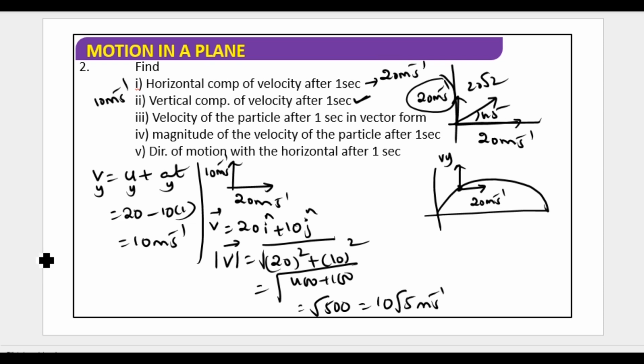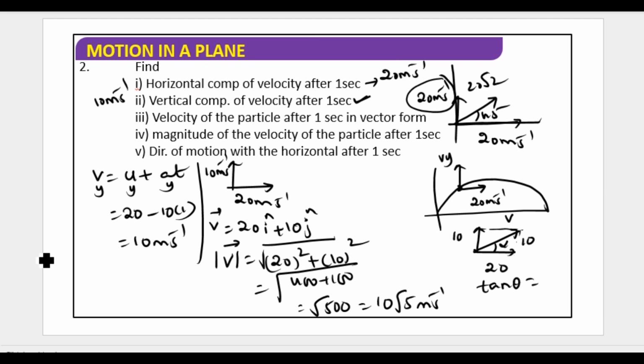Next, the direction of motion with the horizontal after 1 second. After 1 second, the horizontal velocity is 20 and the vertical velocity is 10 meter per second. So complete the parallelogram, and this is the resultant. It makes an angle alpha with the horizontal. So this is 10, then use tan.